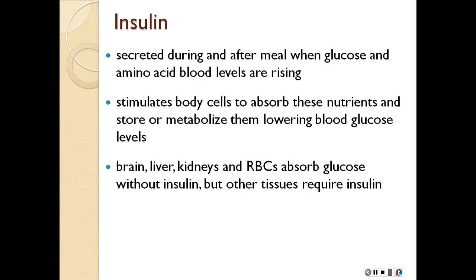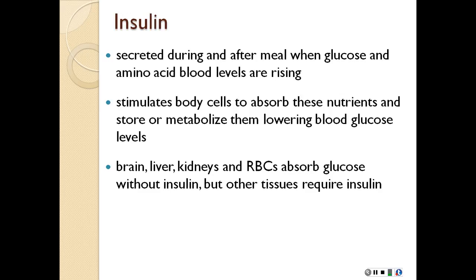When you eat a steak, a hamburger, fish, that's going to increase your blood amino acid levels, and insulin will rise and cause those to be sent into the body cells. So insulin stimulates the body cells to absorb these nutrients and store or metabolize them, lowering blood glucose levels.